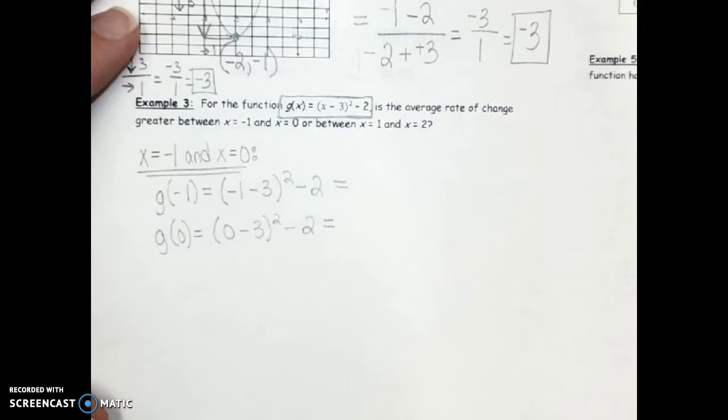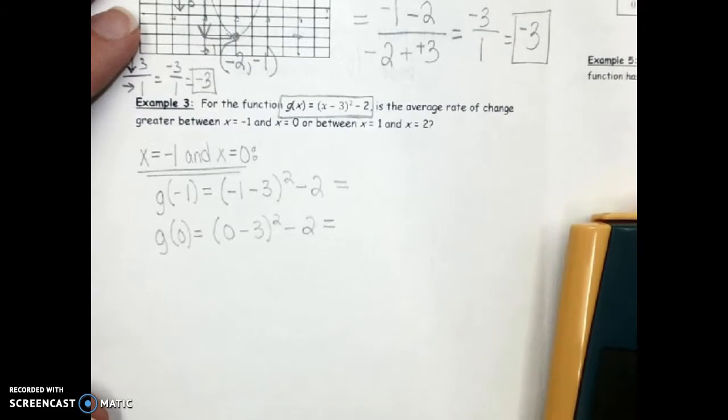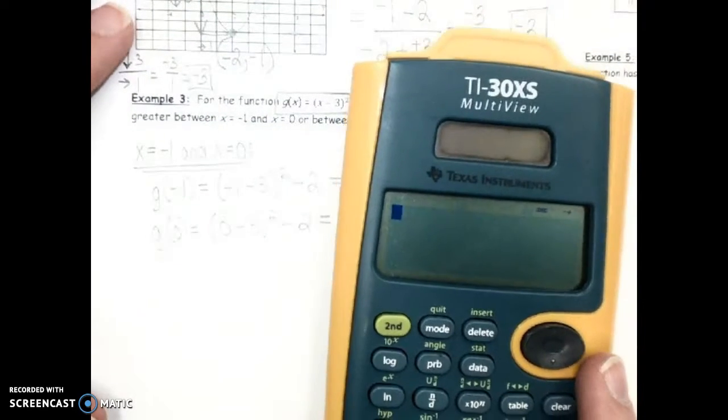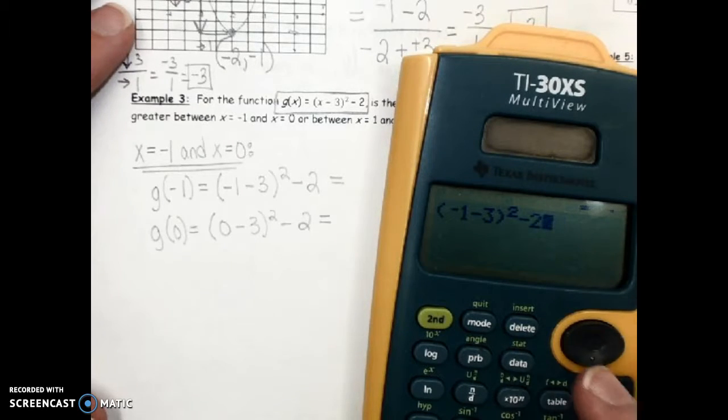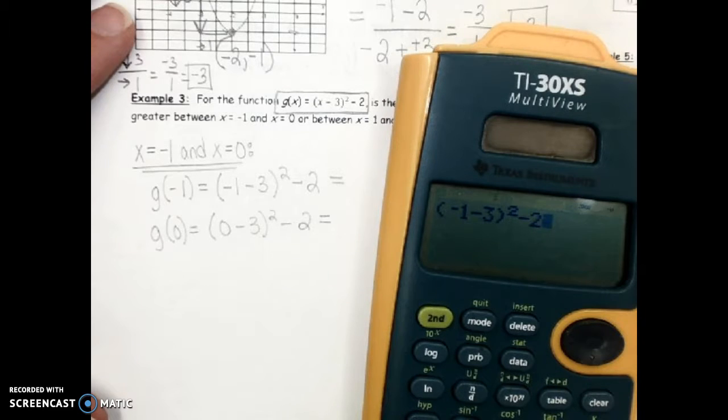Now you plug these into your calculator. So in my calculator, I'm going to type negative 1 minus 3, squared, minus that 2. Because if you do not minus 2, not 22, you get the wrong answer. Enter. Negative 1 gives 14.